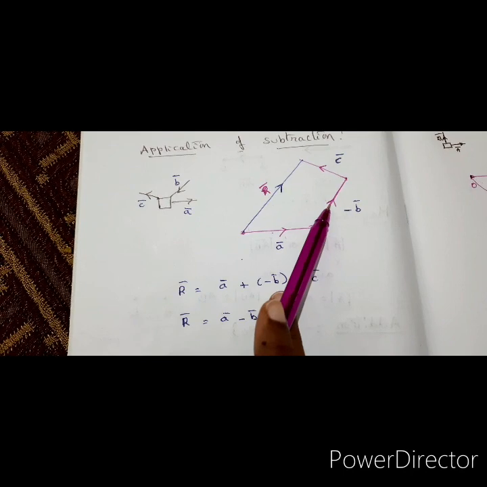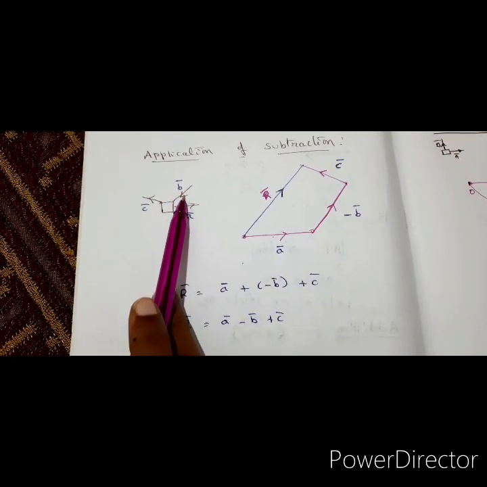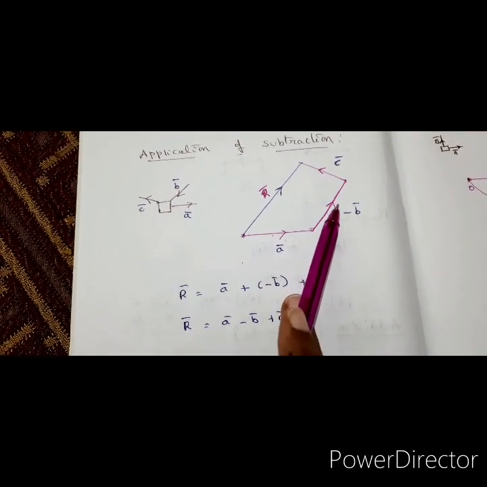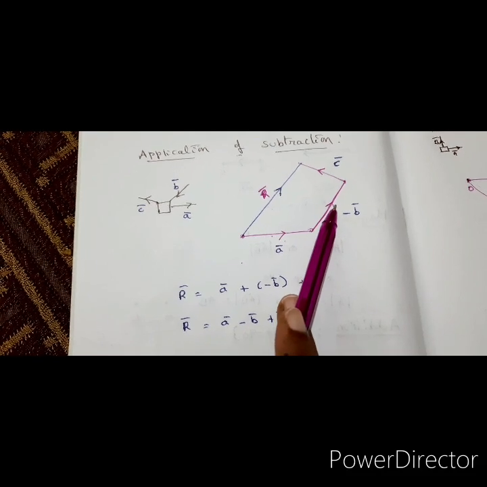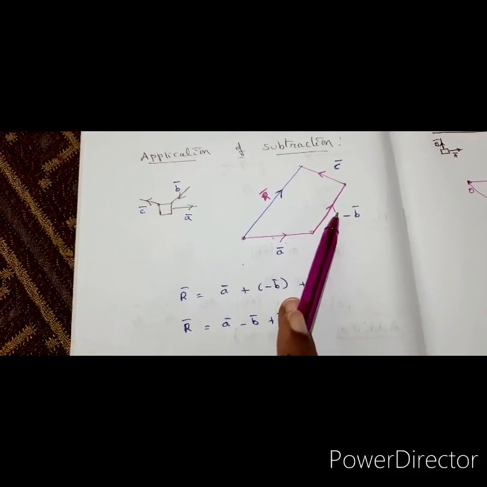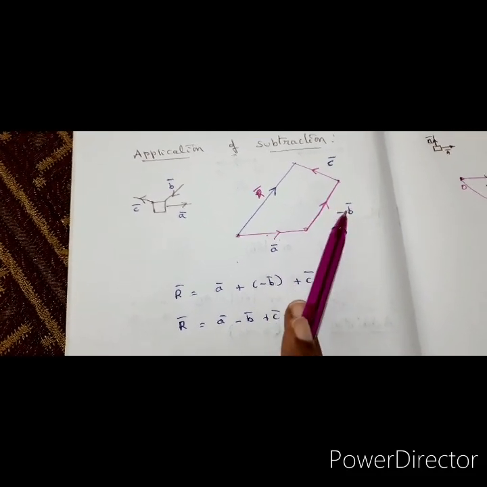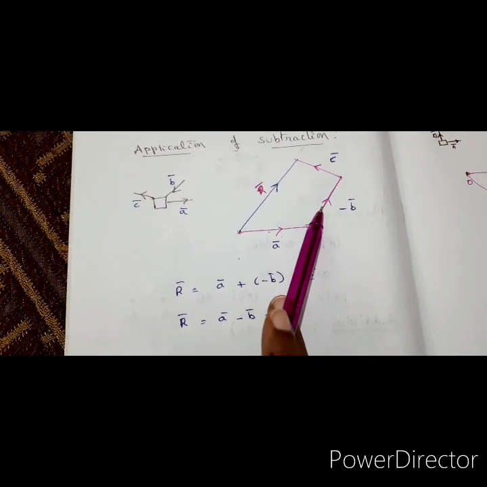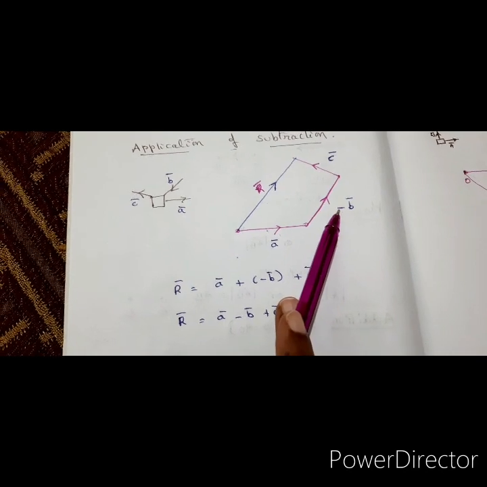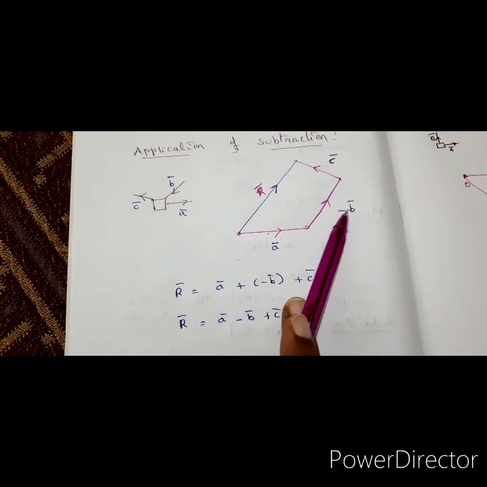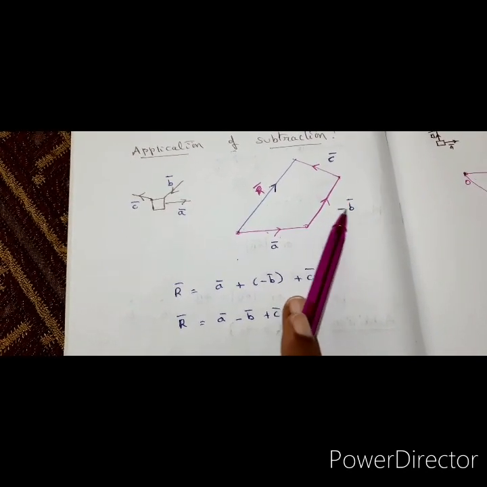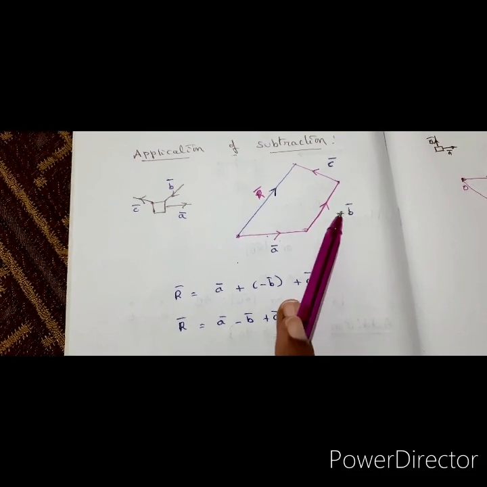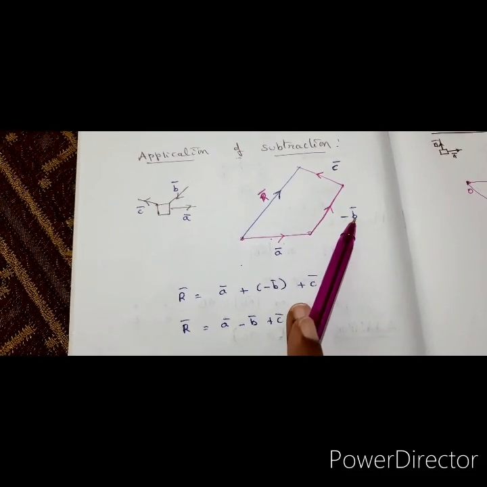These two are parallel, but the direction is opposite. What is such a vector called? Anti-parallel vector with the same magnitude. We call it the negative vector, minus B bar.